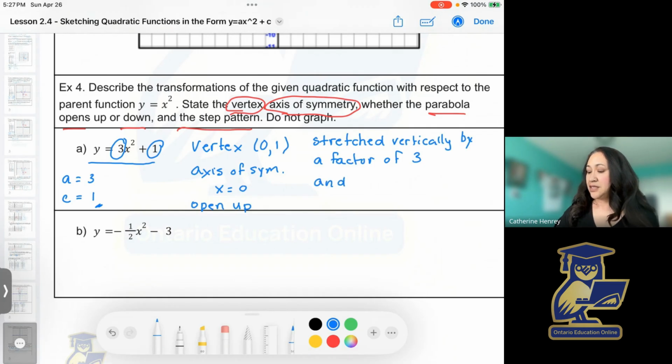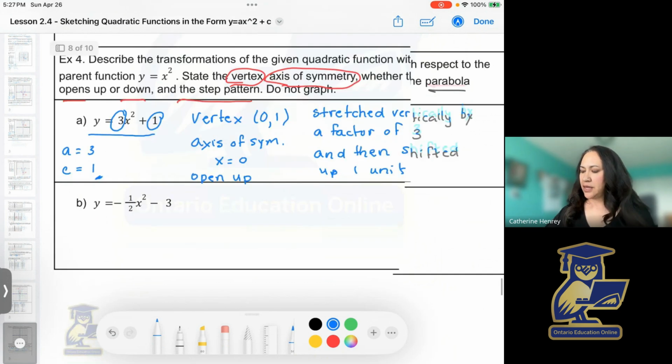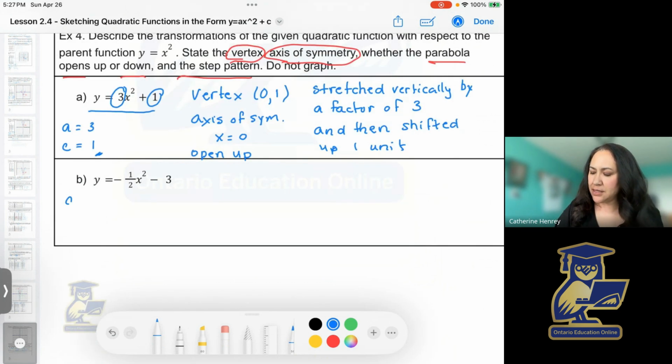And then since C is 1, it'll be shifted up 1 unit. Then let's take a look at the second example. In this case, A is negative 1/2, and the C is negative 3. So the vertex here, again, is 0, C, and in this case, it's going to be 0, negative 3.